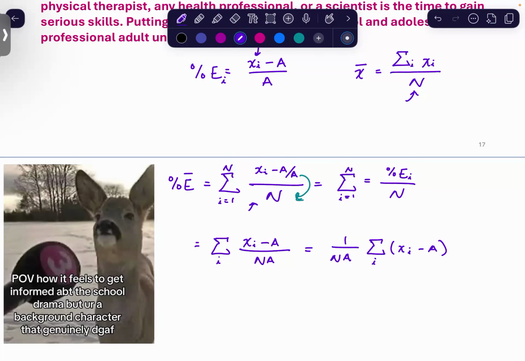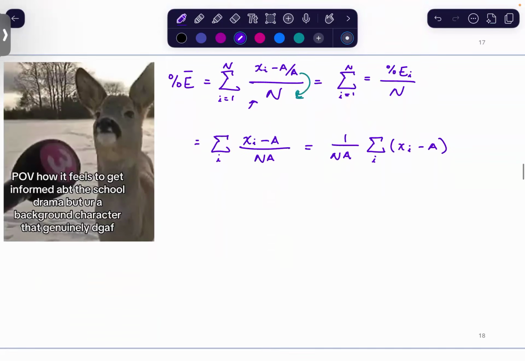Well, we know that with sums, there's an identity that shows that the sum is distributive, which means that my sum can do this.